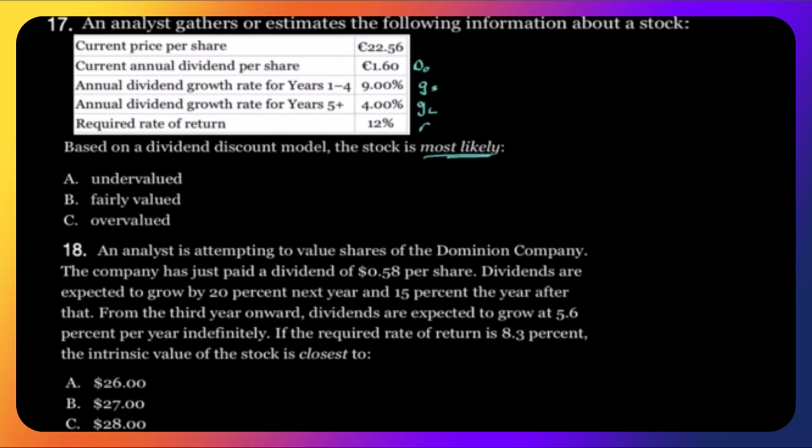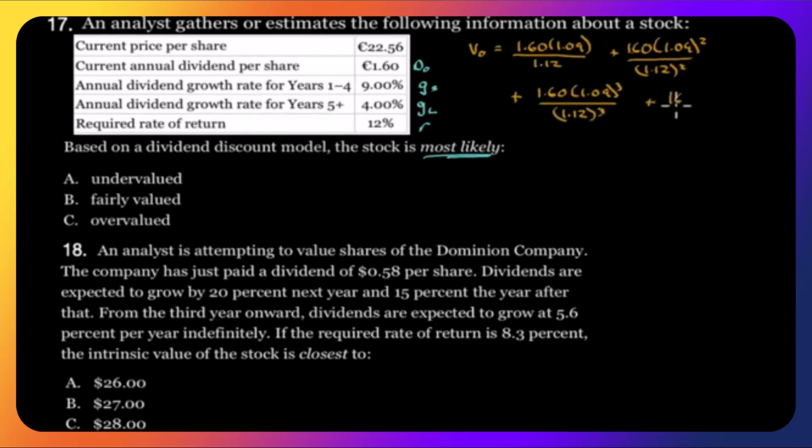So this is just a really, really tedious process to go through, but our V0 is equal to our first dividend, 1.60 times 1.09, because we have to bring it out 1 year, discounted back by 1.12. Then 1.60 times 1.09 squared to get D2 over 1.12 squared, plus our third year dividend is 1.60 times 1.09 to the 3 over 1.12 to the 3.